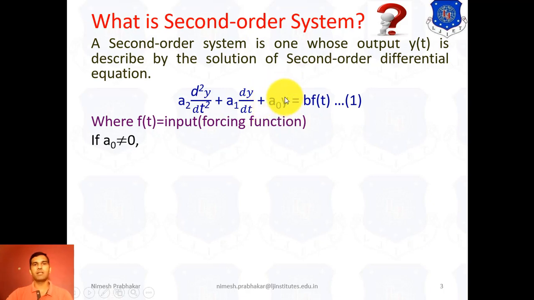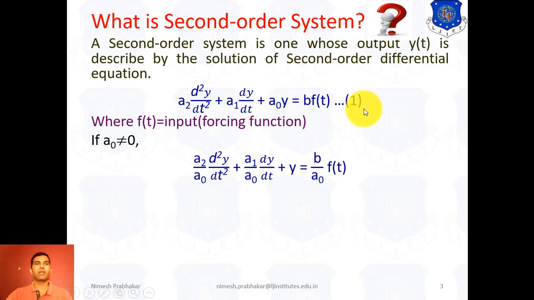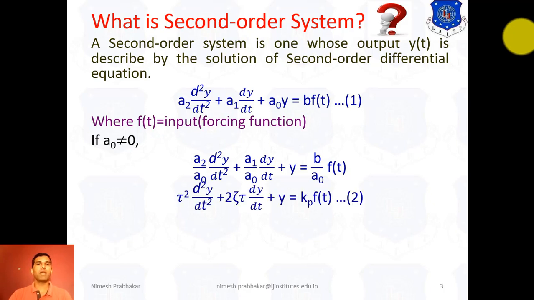so we can write this equation as a2 by a0 d square y by dt square plus a1 by a0 dy by dt plus y is equals to b by a0 into f of t. Here we divide the whole equation by a0, so we get this, and we can write this equation as tau square d square y by dt square plus 2 zeta tau dy by dt plus y is equals to kp f of t.